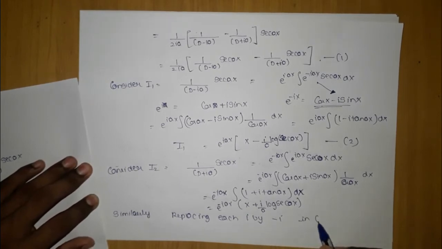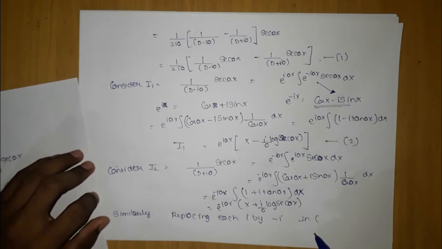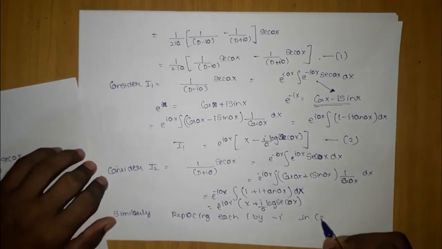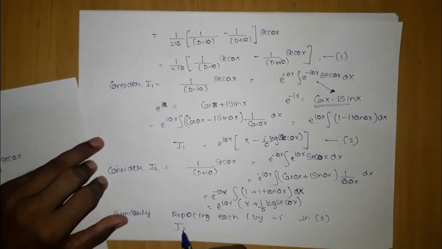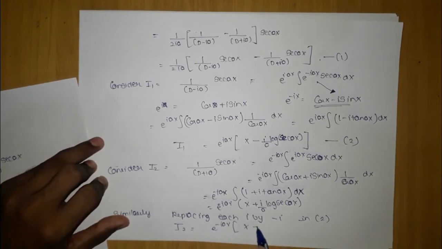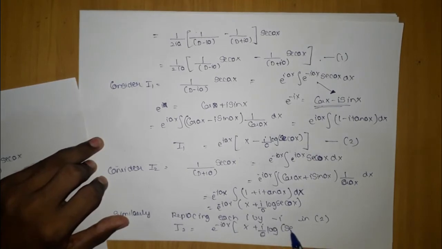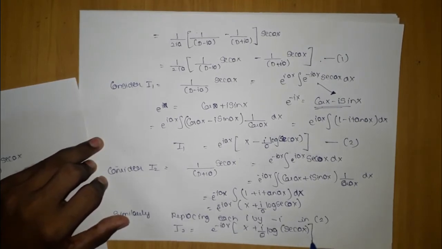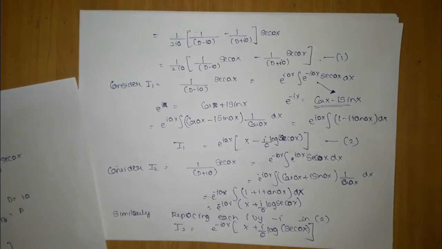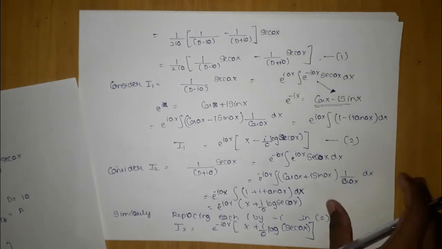You will get I2 directly, e to the power minus iax into bracket x plus i by a log sec ax. So this will save your time. Whenever you observe something like 1 by D minus ia into cosec x, something like that, just replace i by minus i and you will get your answer.